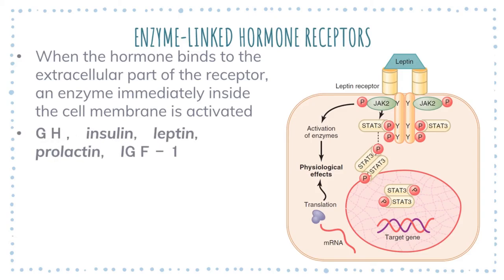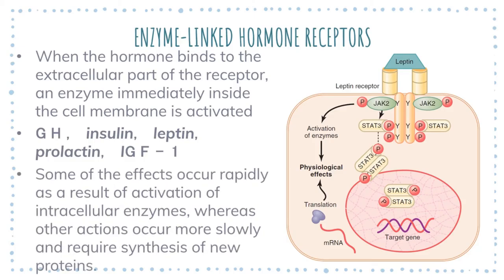For example, IGF, insulin, leptin, prolactin, and EGF. Some of the effects occur rapidly as a result of activation of intracellular enzymes, whereas other actions occur more slowly and require synthesis of new proteins.